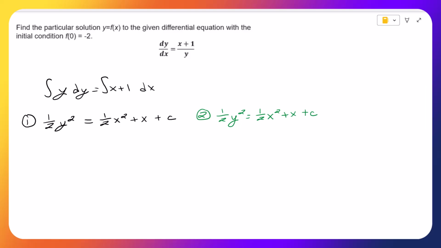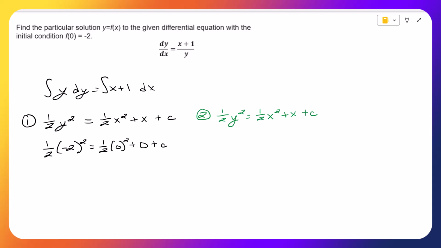So I'm going to take my initial condition and substitute that in, so we end up with 1/2 times -2 squared equals 1/2 times 0 squared plus 0 plus c. And then simplifying this, we're going to get 2 equals c.